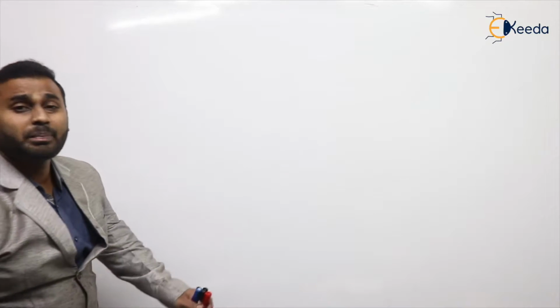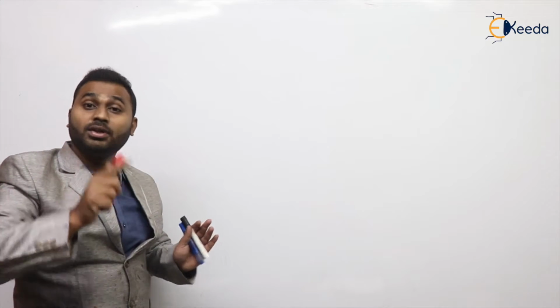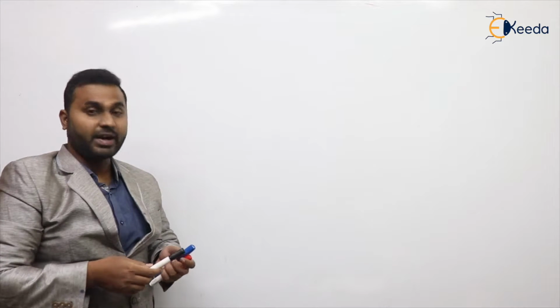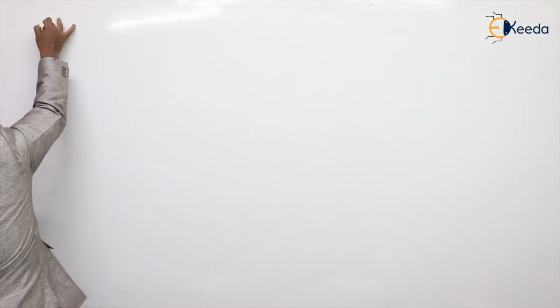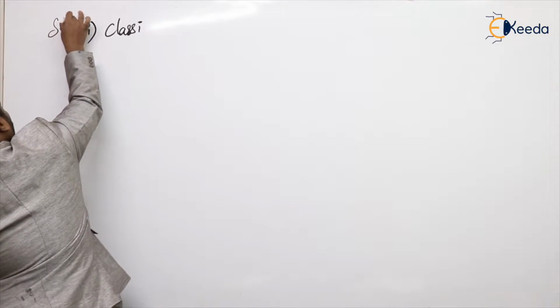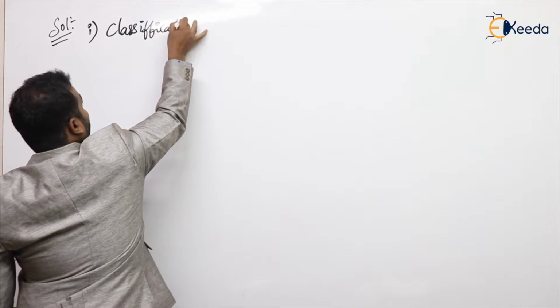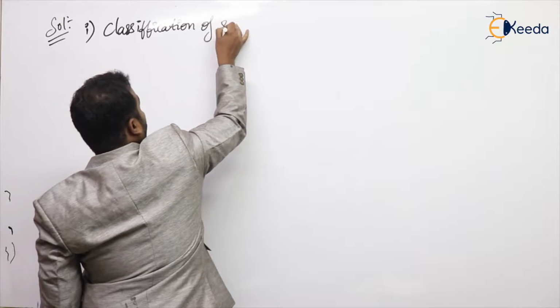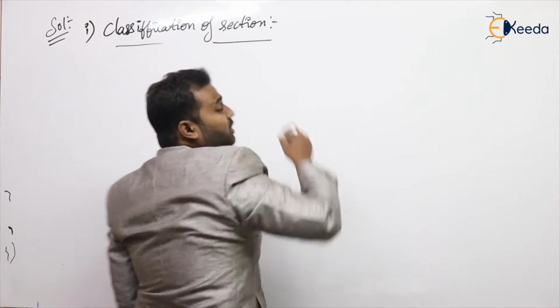So the first step in the solution of this design of beam is finding out the section type, or in other words, classification of the section. Classification of section. We have already discussed the types of sections.